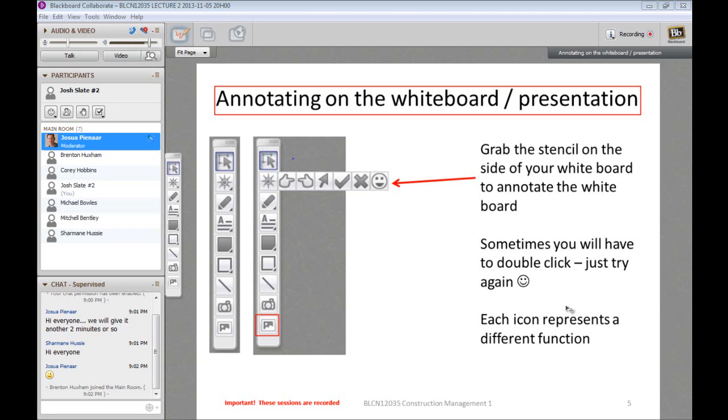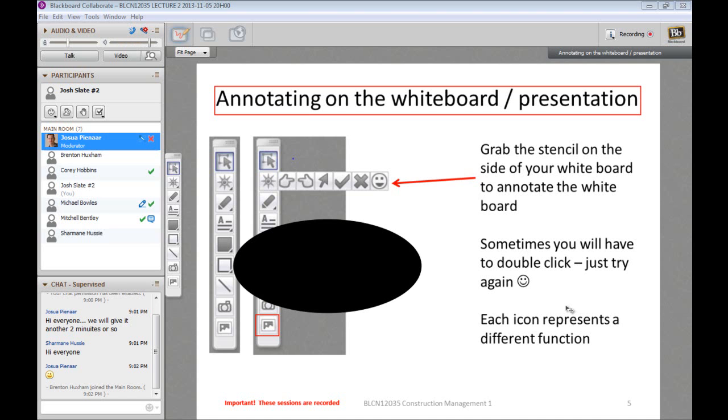We might just do a check. Can anybody see anything when they click on it? The red cross means no, you cannot see anything, and a green tick means yes, you can. Mitchell, can you select any of those icons on the clip art menu? Oh, there we go. Are you using a smiley face?